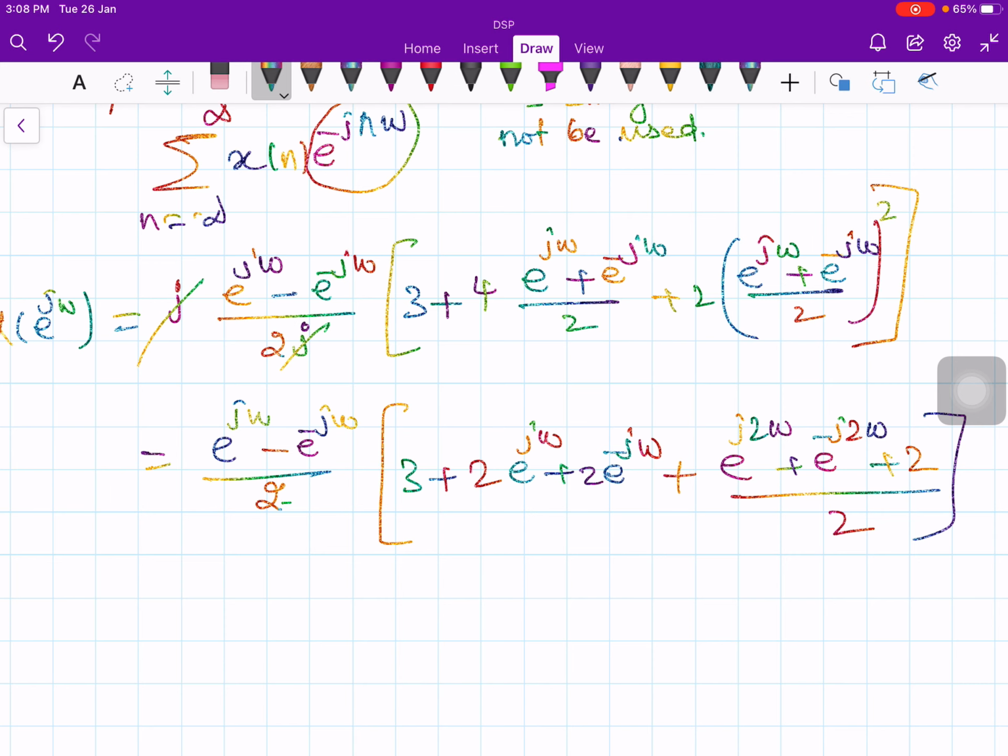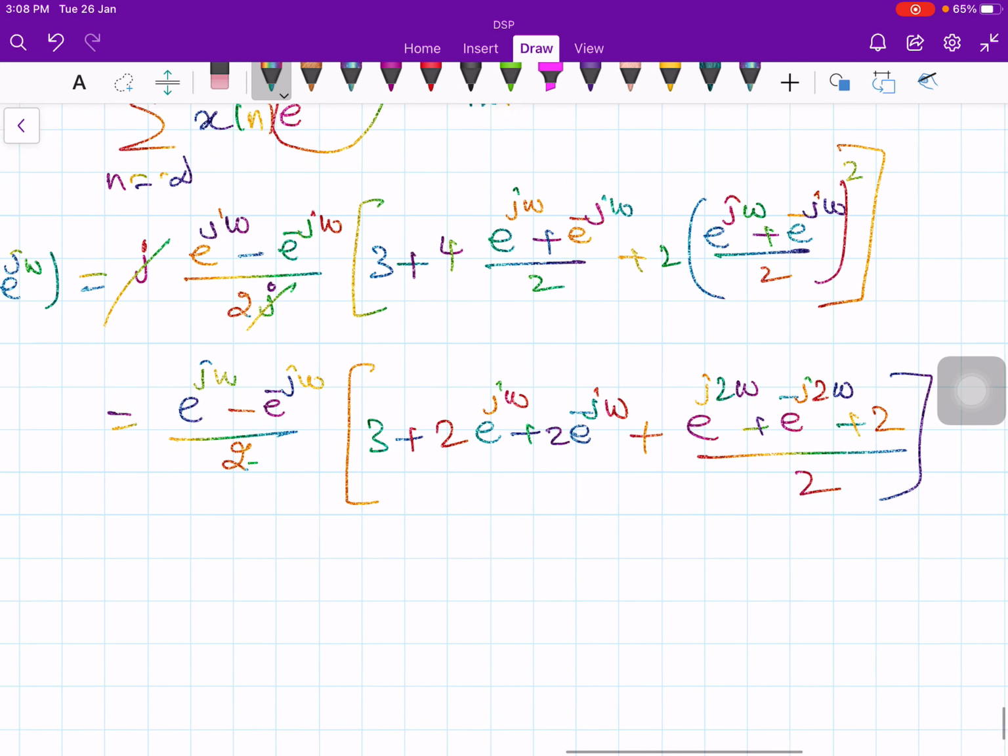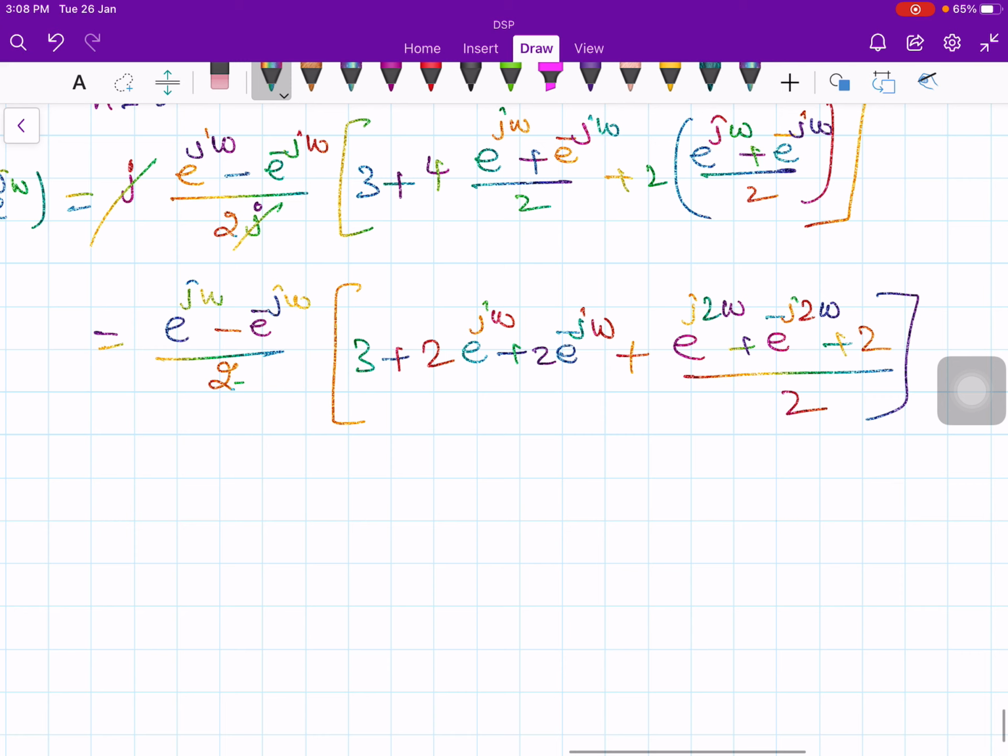Okay, now you simplify this and find out the coefficient of e to the minus j n omega.